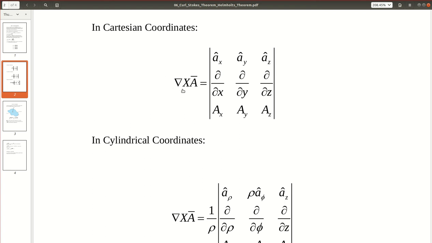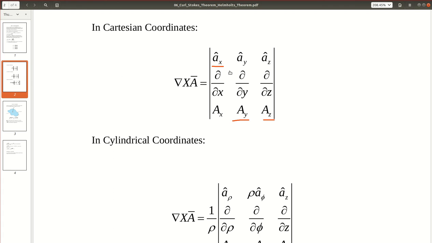Here we have the del, which has x, y, z, but here del is differentiation, and here we have ax, ay, az. In each direction you just take the two partial differentiations in the other two. So in the ax direction, you take the partial differentiation of y for az, and of z for ay. You solve this matrix for each one of them.